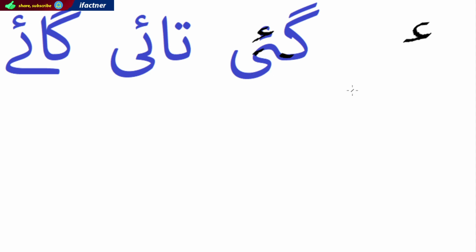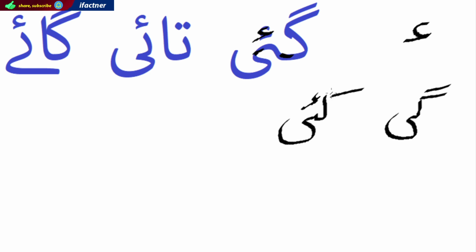For example, if I write gi, gaf choti ye, gi, then it's a smaller sound, but gai, I will write like this. Gaf, Hamza, choti ye, gai. Gai means a woman went. And gi is will.